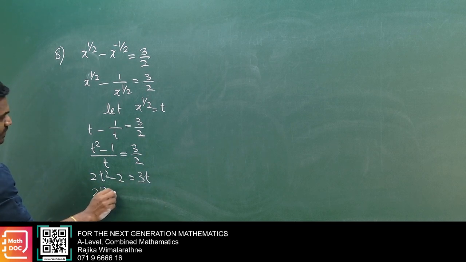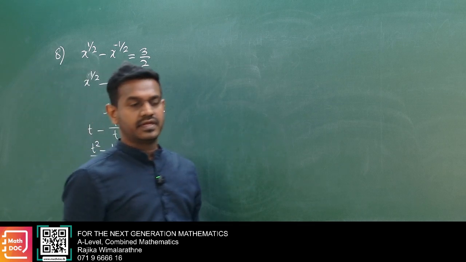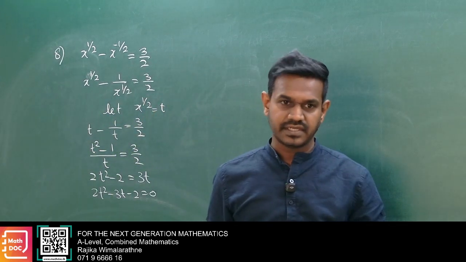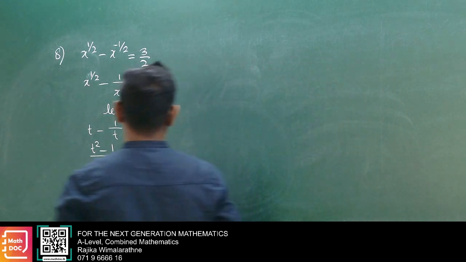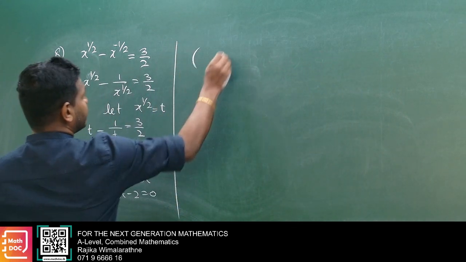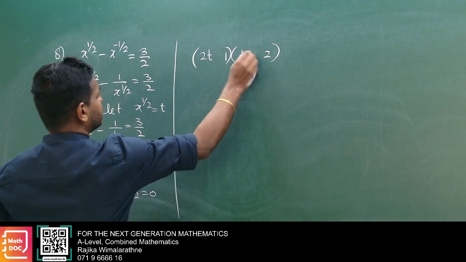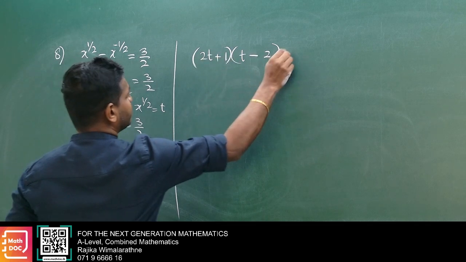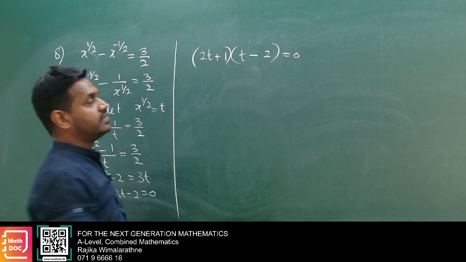Then 2t square minus 3t minus 2 equals 0. Take steps and do that clearly. Then 2t square minus 3t minus 2, no?